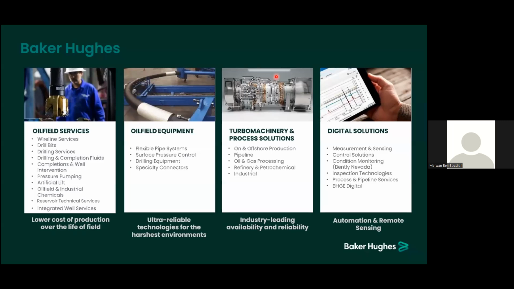The first product company, which includes our Reservoir Technical Services department, is called Oilfield Services. It comprises well formation evaluation, drilling, fracking, and production services that we provide to our customers.